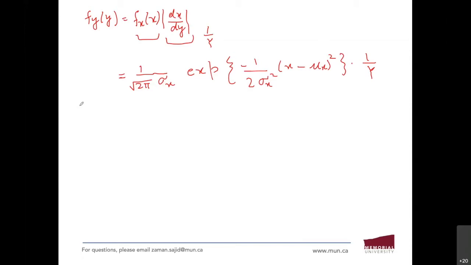Now suppose that your mu of x is equal to natural log of y naught, and your sigma of x, the standard deviation, we are denoting it with the W sign.